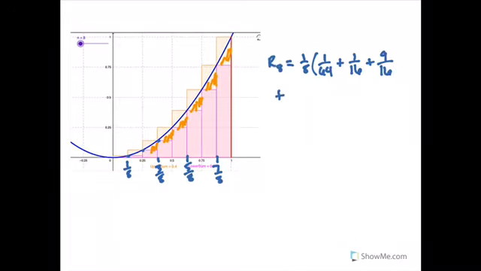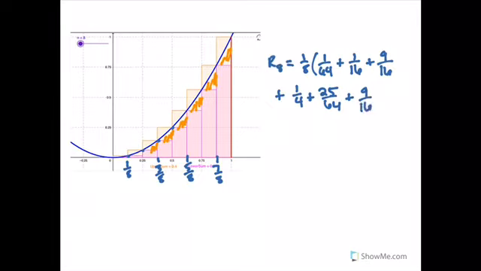Plug in 1/2 to get that y value, and we get 1/4. Plug in 5/8, get 25 over 64. Plug in 3/4, we get 9 over 16. Plug in 7/8, we get 49 over 64. And for the very last one, we just get 1.